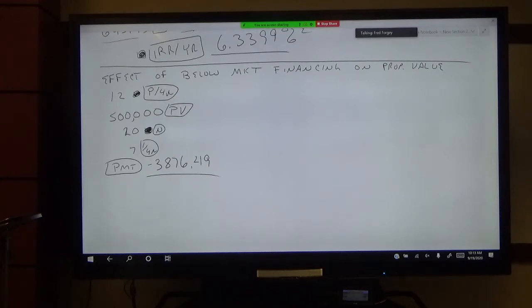What if I, as the seller, say, it'd be really nice to sell this property to this person for the $500,000, and I'm going to give them a heck of a deal. I'm going to give them a 5% interest rate for the next 20 years. And you're saying, why would I do that?